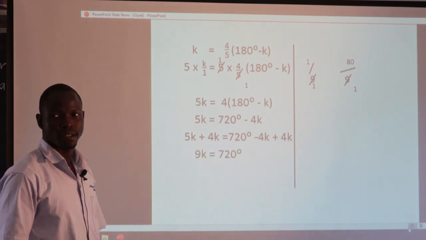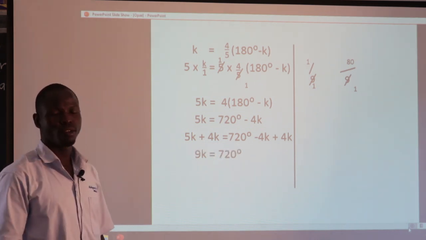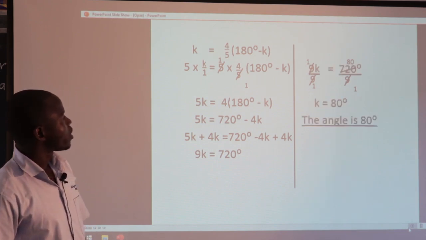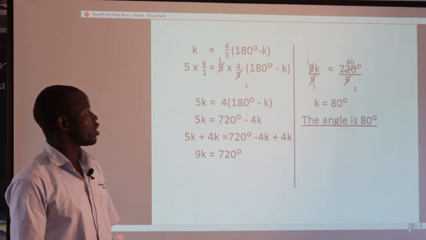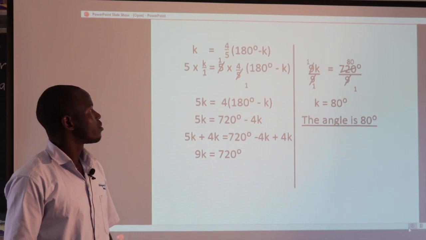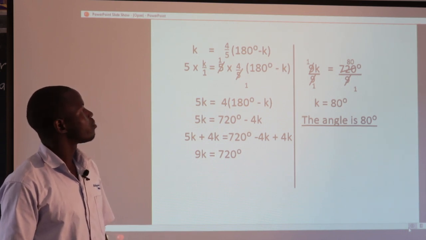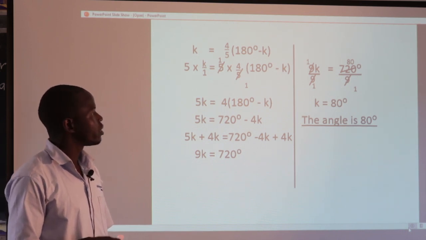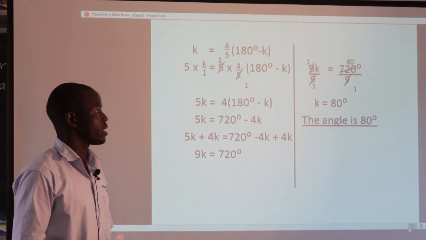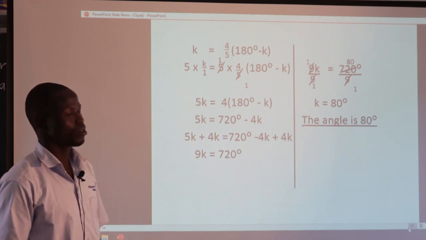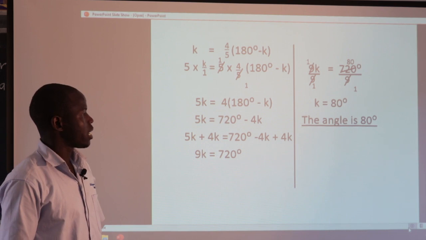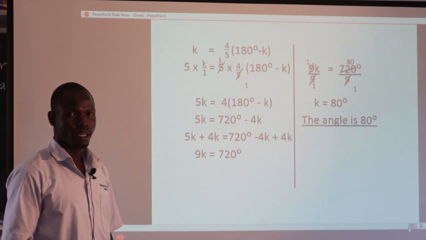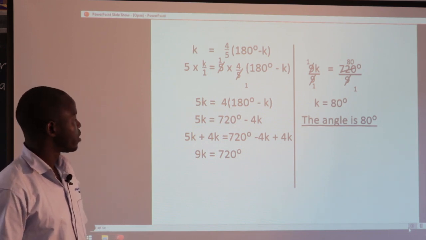Simplify, get that 9K is equal to 720 degrees. In the next step, we divide by 9 on both sides. 720 degrees divided by 9 gives you 80 degrees. So K is equal to 80 degrees. The angle is 80 degrees by conclusion.